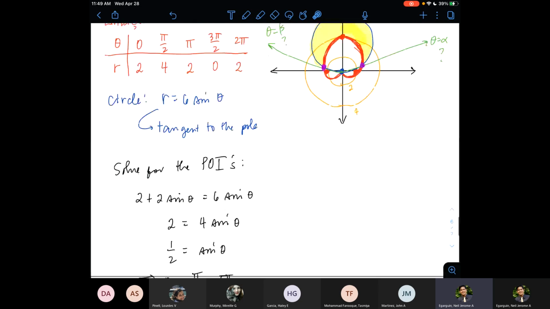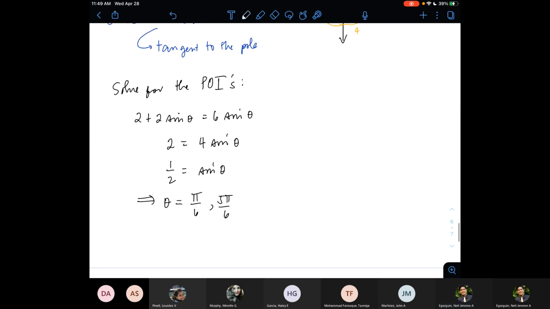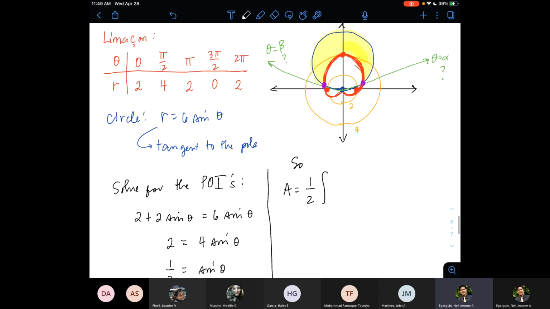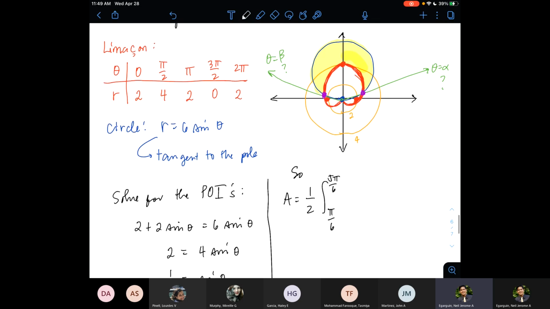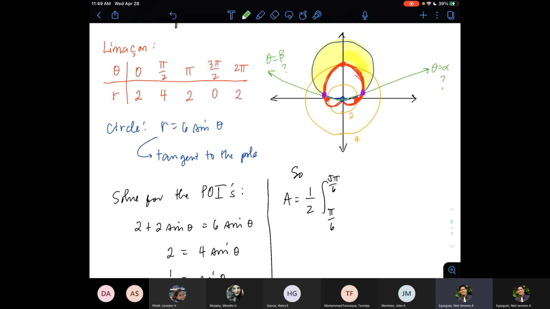So that means our integral would be, just write the solution here. So the area, there's a mainstay 1/2 integral from your starting angle, which is pi over 6, and ending angle 5 pi over 6. And then what is the radius? Well, to find the radius or the integrand, what you can do is to draw a ray passing through a nice portion of the region, right?